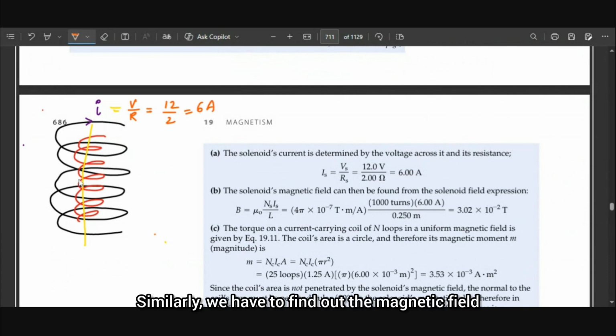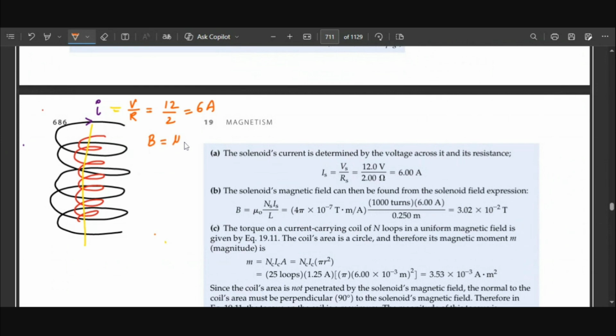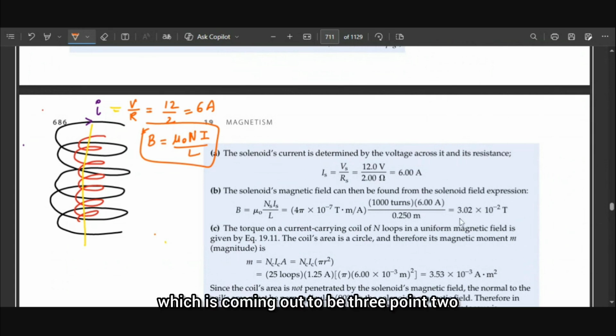Similarly, we have to find out the magnetic field at the center. We can simply use the magnetic field relation for a solenoid, which is mu naught N I over L. If we apply this, we get the magnetic field magnitude, which comes out to be 3.2 times 10 to the power minus 2 Tesla. Now, as there is another coil inside, it must be generating some torque.